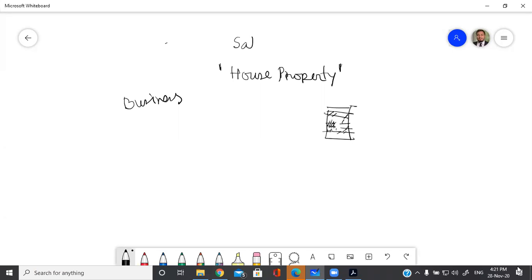But in salary, is it possible to have negative income from salary? By any percentage, 1 or less than 1 percent?